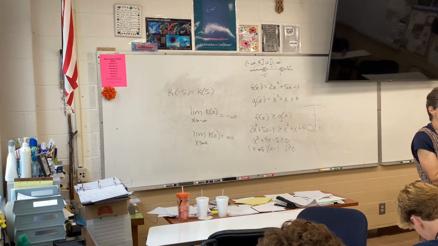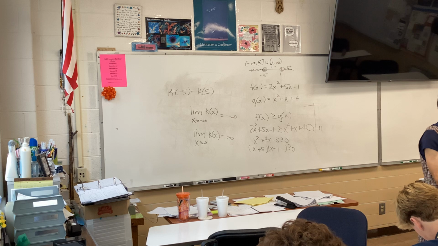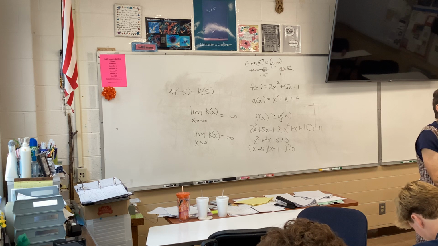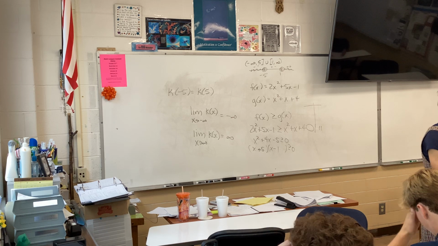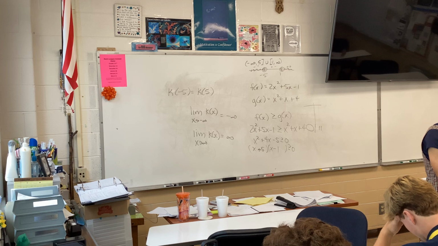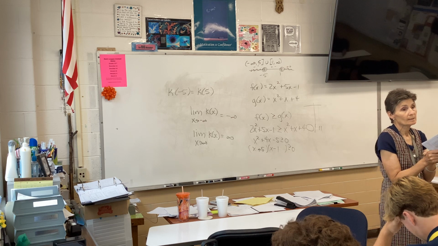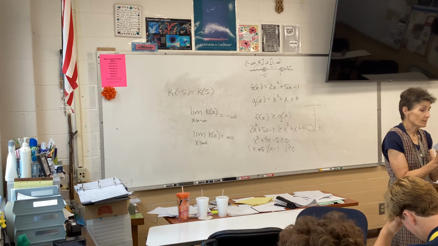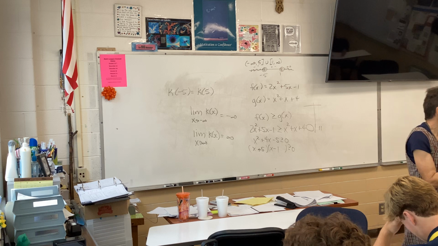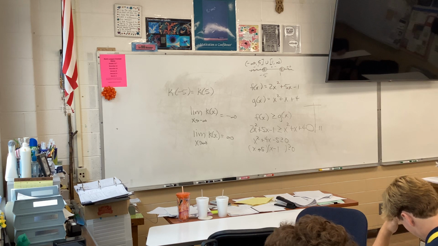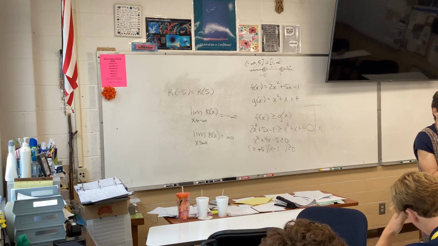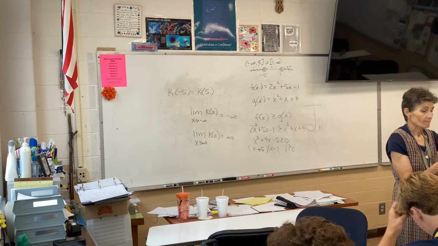Okay, how about limit statement 2? Limit statement 2 is down, up, which would be graph B, which is what? Equation 1. Odd degree, positive coefficient, equation 1.